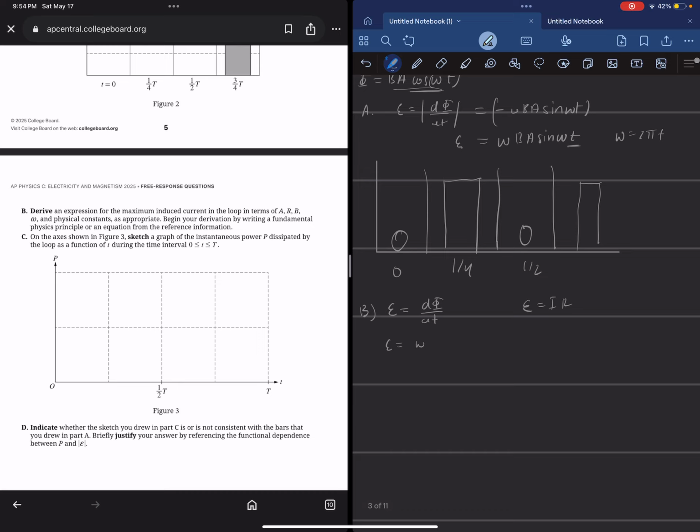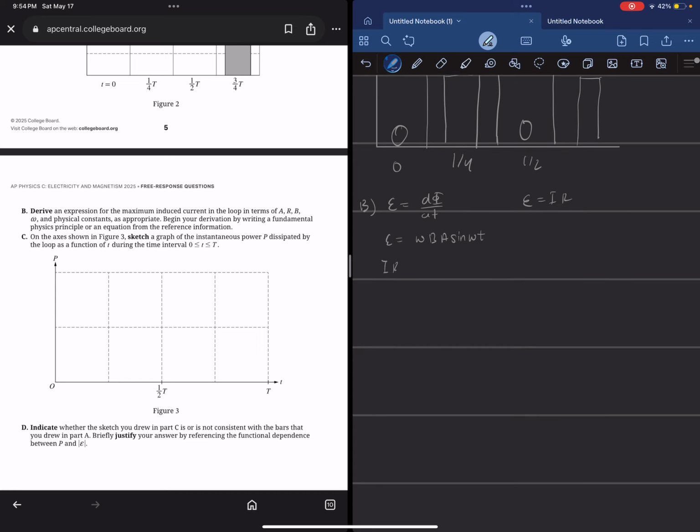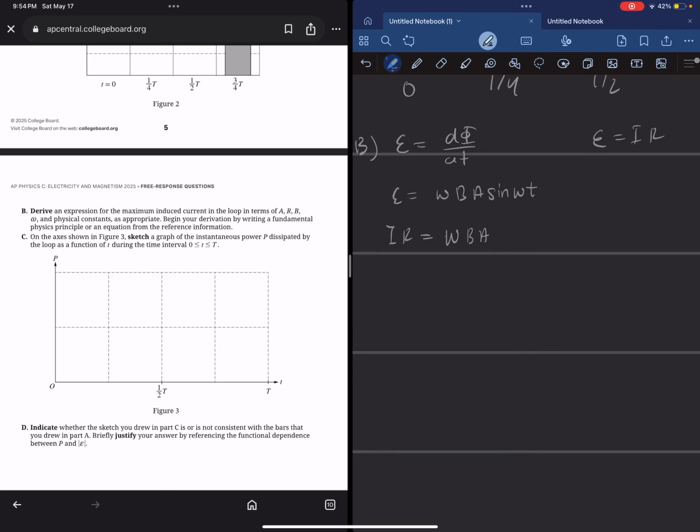So we had omega BA sine omega t, and then I times R equals that. Your I is omega BA sine omega t over R.